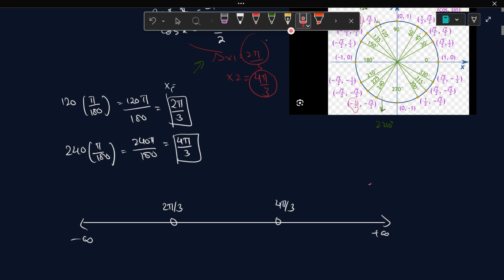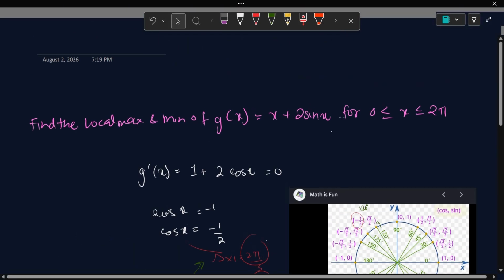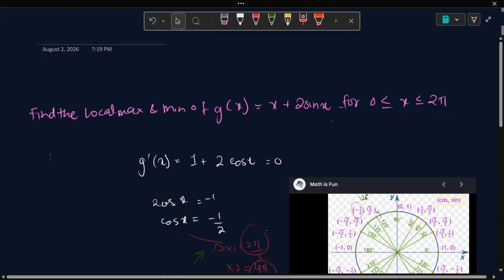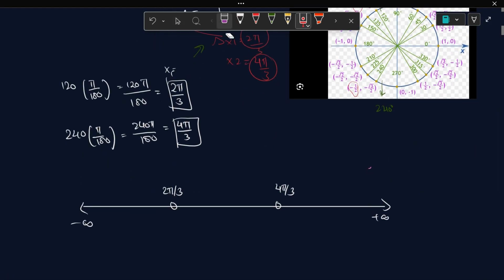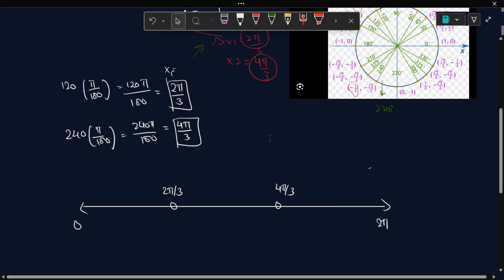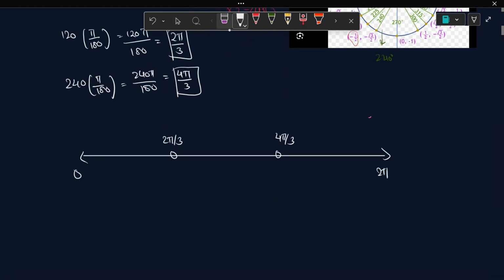But the interval given to me is not from -infinity to +infinity. The interval is from 0 to 2 pi only. This is what we have to consider, so these are my intervals over here.